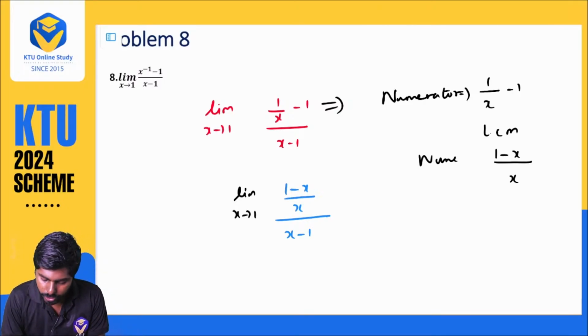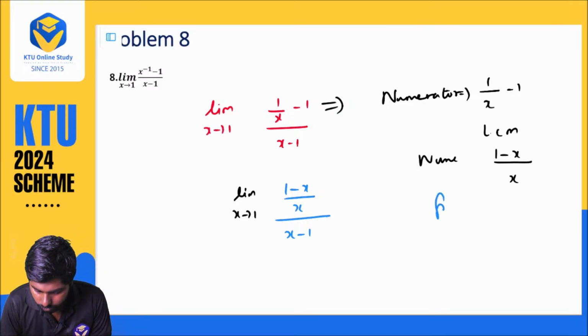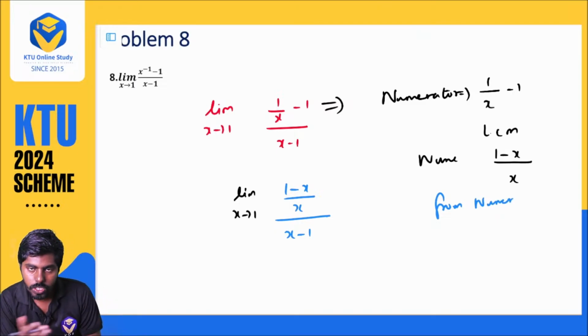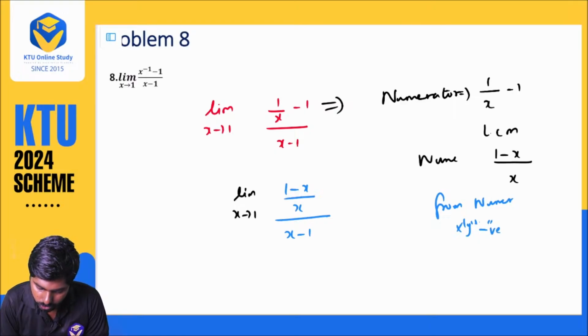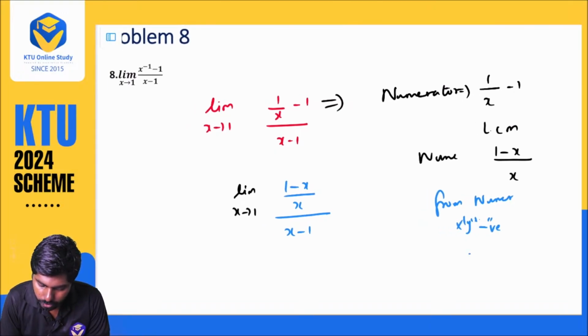From the numerator, what I am going to do is take minus 1 common outside, multiplying by the negative symbol. So it will become minus (x minus 1) divided by x.